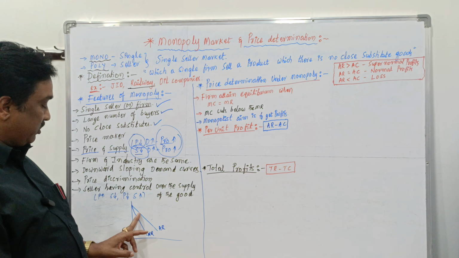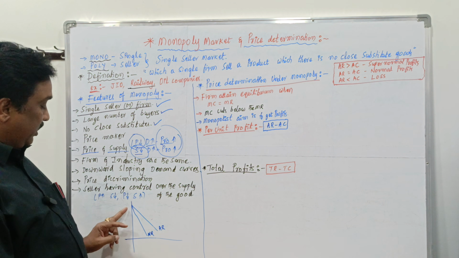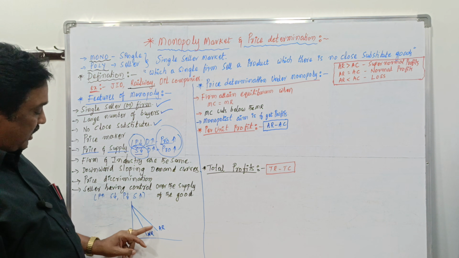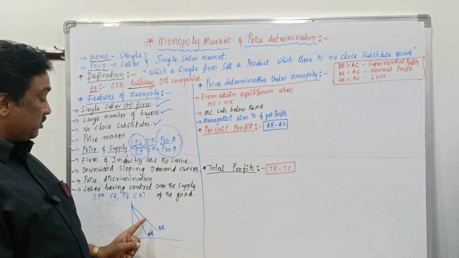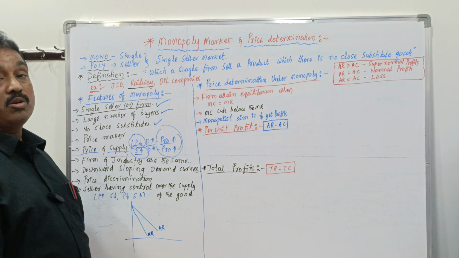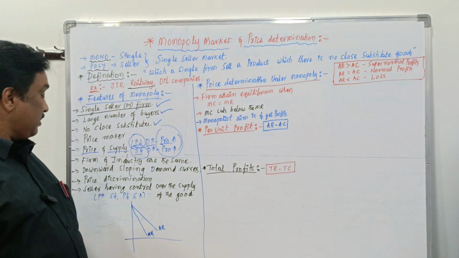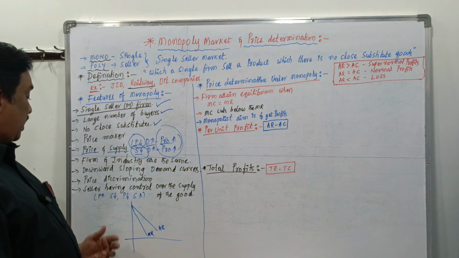Average revenue becomes the demand curve, the price curve. Do you understand that? Downward sloping demand curves are there in the monopoly market.